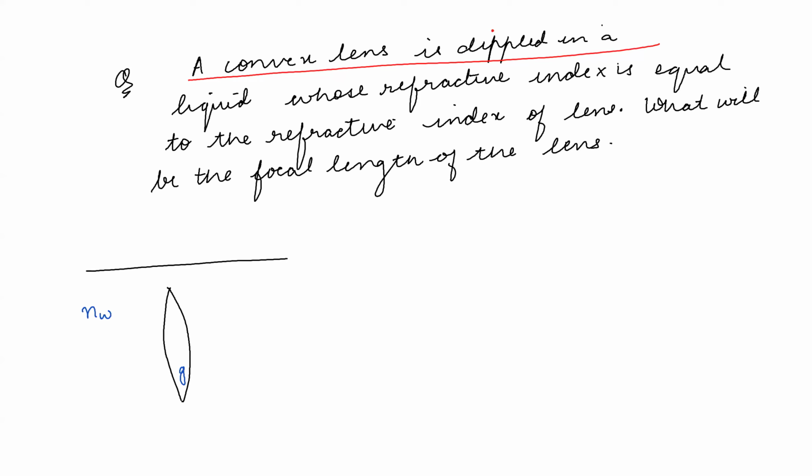Whenever we are dealing with a convex lens and it is dipped in a liquid, light is entering from water to glass. Whatever the liquid, the same refractive index as the glass is there, because obviously the lens is made of glass. So what is the formula? 1 by focal length is equal to (n minus 1) into (1 by r1 minus 1 by r2).